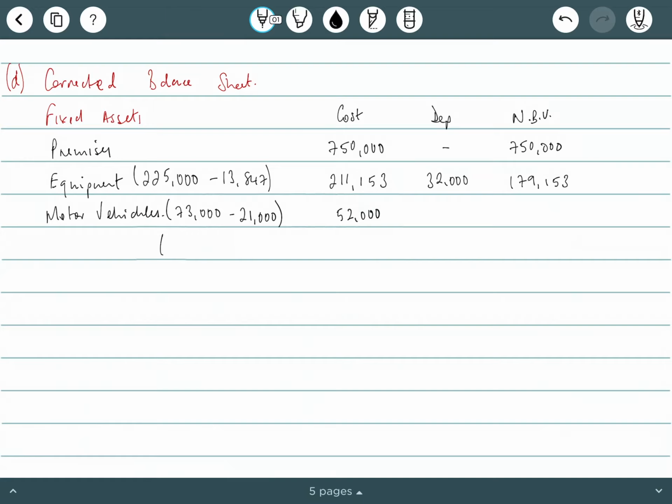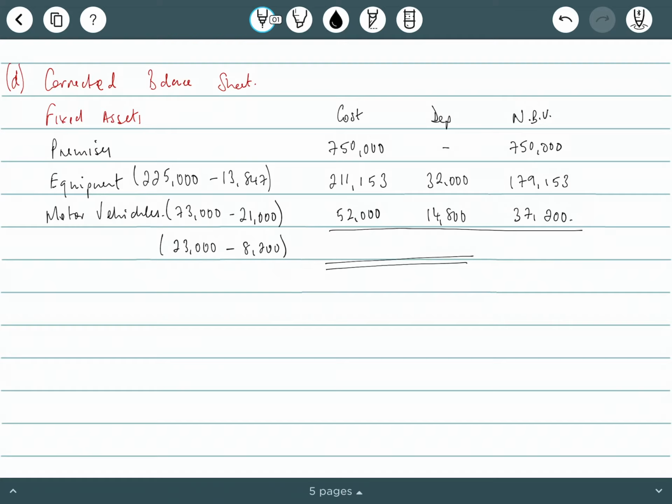The depreciation part of it then, gents, it's 23, was it, motor vehicle? Yeah, 23,000. And you're taking away that 8,200. And that is 14,800. And that gives you 37,200. Alright, we can close those two off.